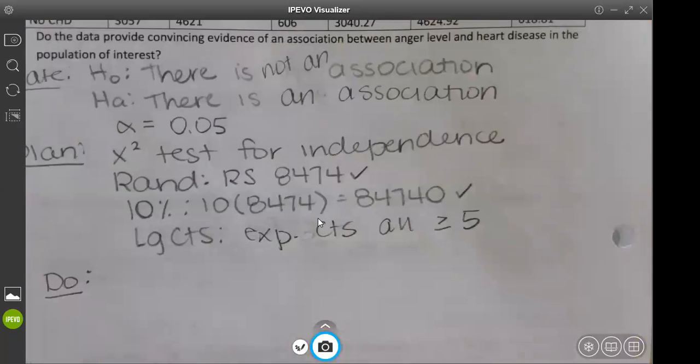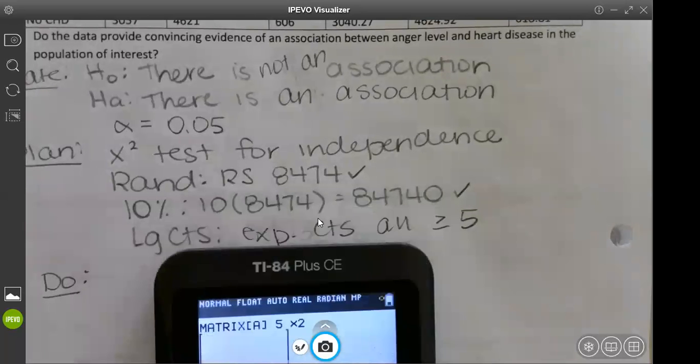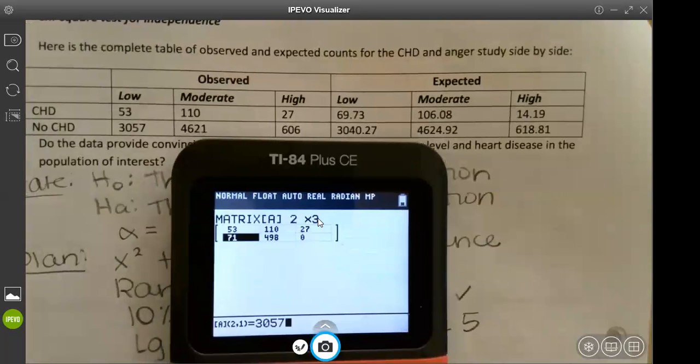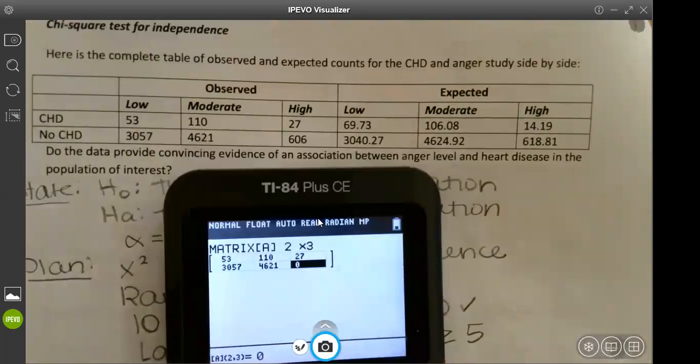So then how do we do this? So we need to go into our matrix. We're going to edit. And I'm going to cover this up for a minute. What are my dimensions for the observed? 53, 110, 27, 30, 57, 46, 21, 606.